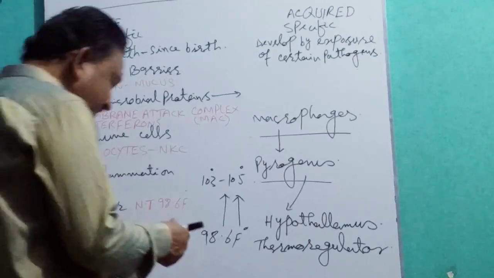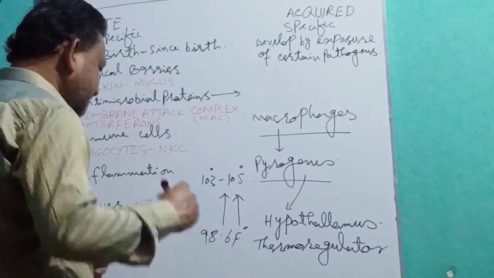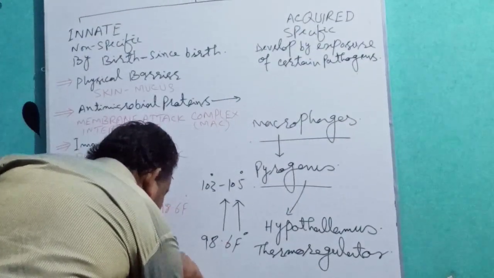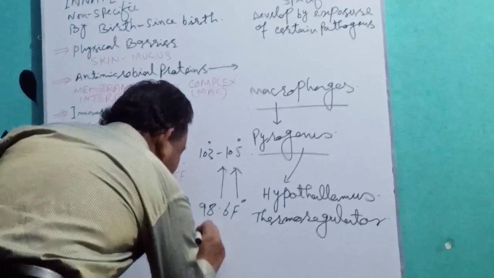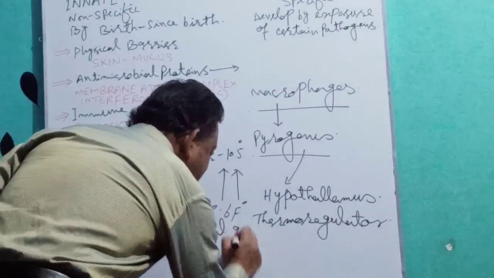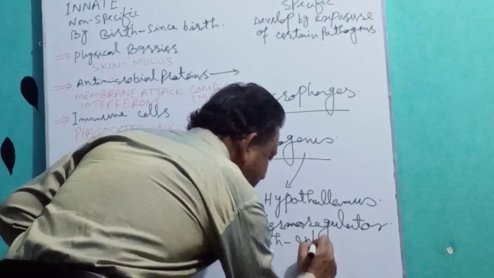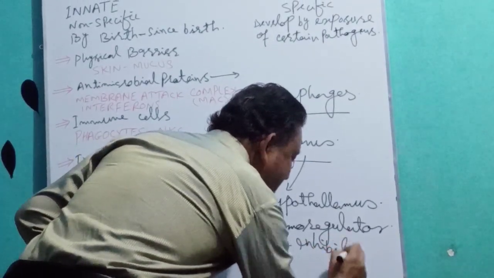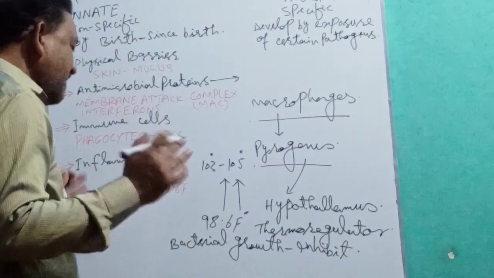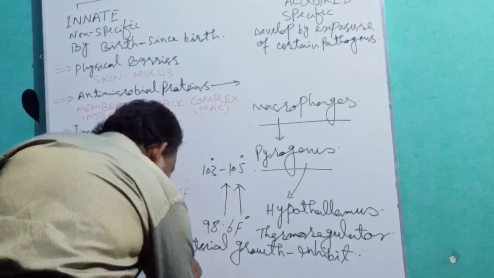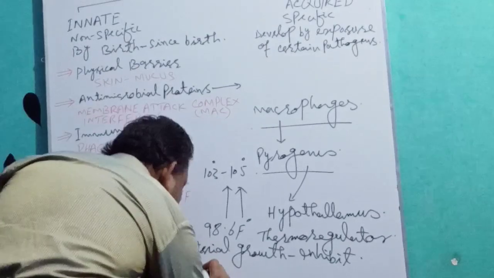And when fever occurs, the bacterial growth is inhibited. Why? Because bacterial growth requires iron.